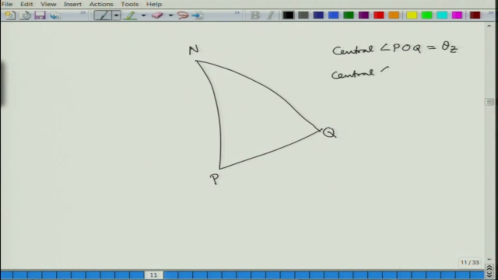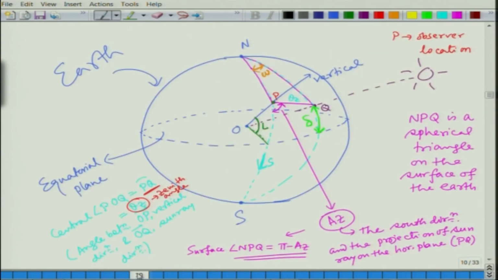Now, central angle NOQ is our pi by 2 minus delta. Okay. One thing I need to mention here: this is pi by 2. Let me just write it again. This is pi by 2 minus AZ.